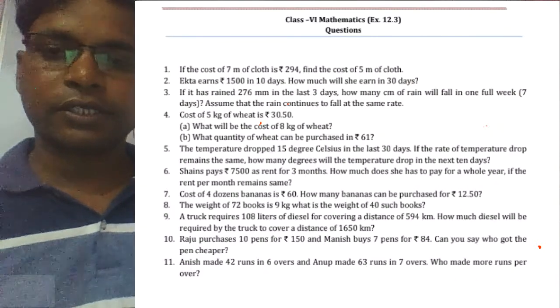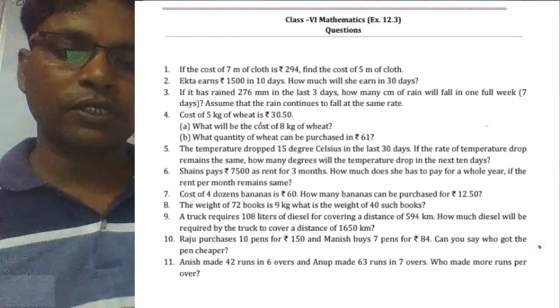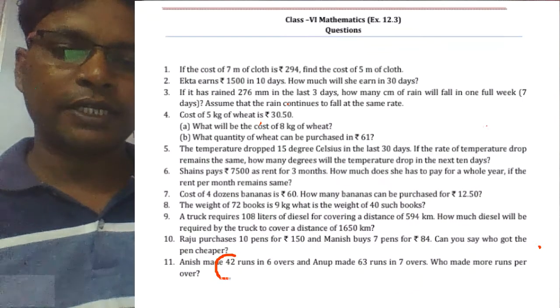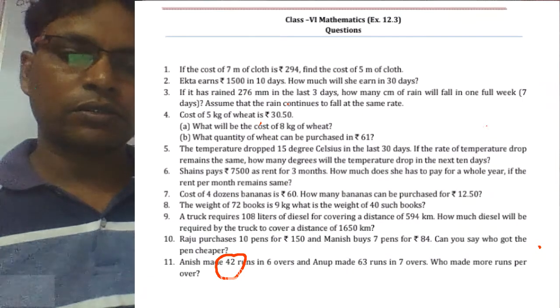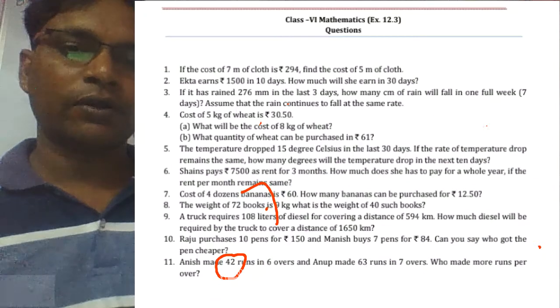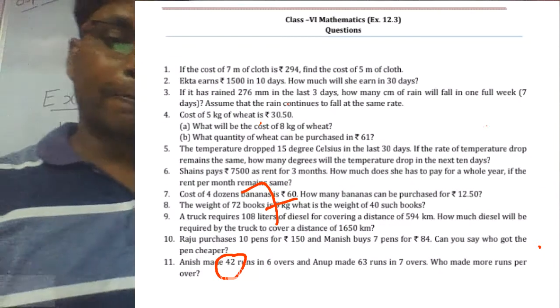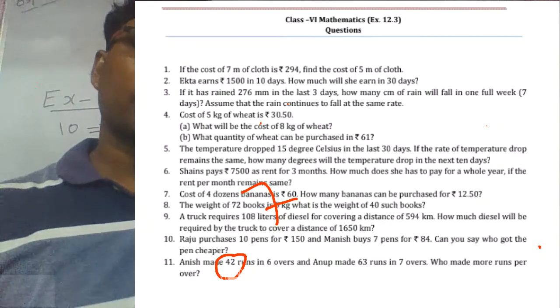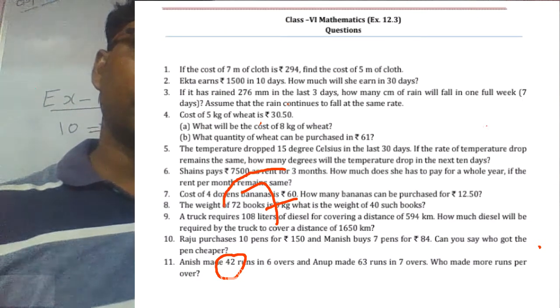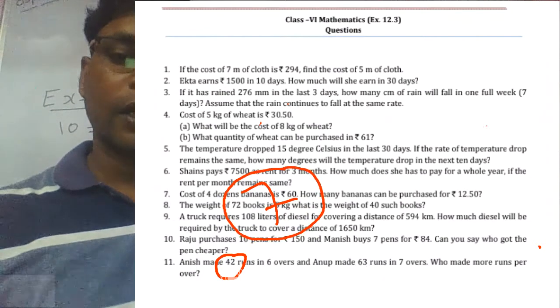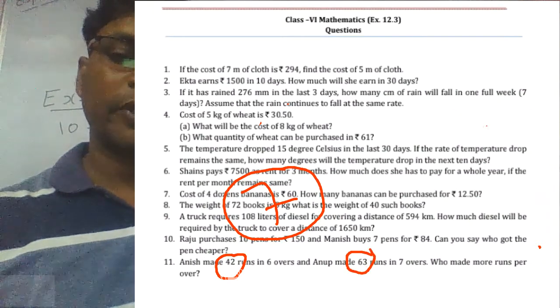Okay, so you can see here, 42 runs were made by Anish in 6 overs. So if you divide 42 by 6, we obtain 7. Okay, it means that Anish made 7 runs per over.